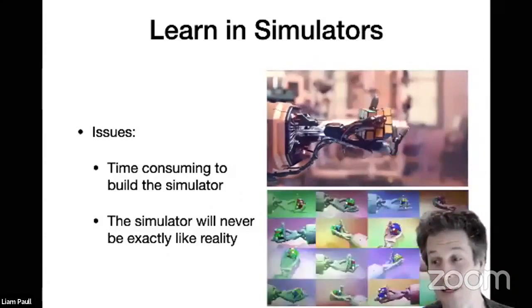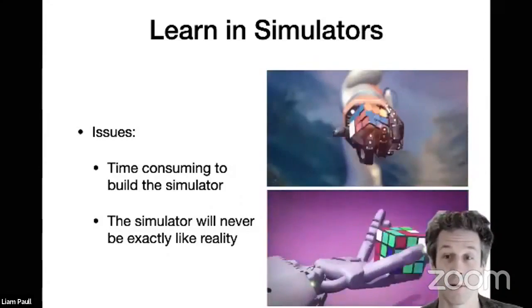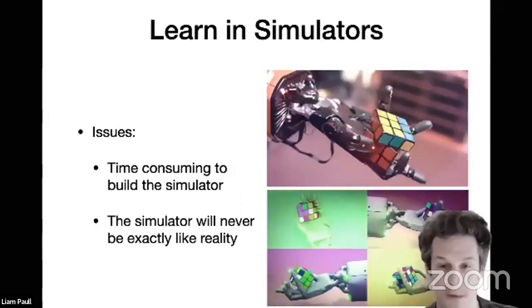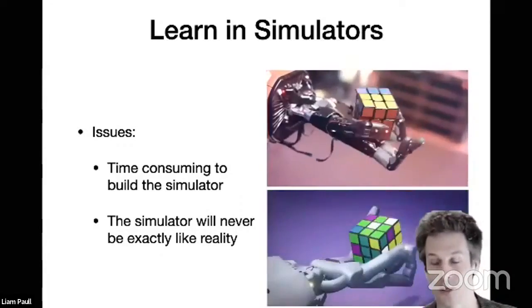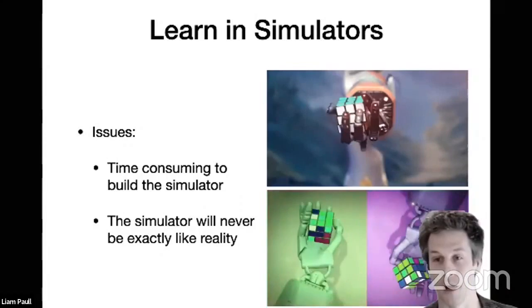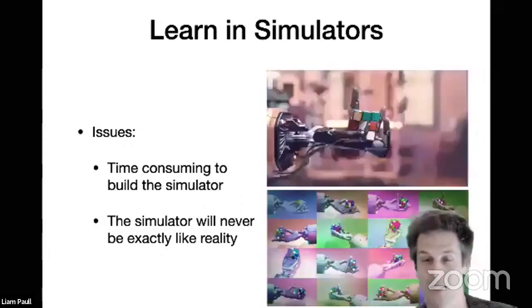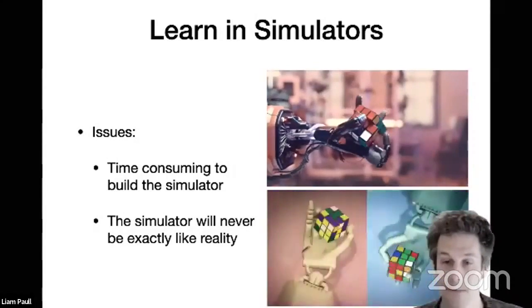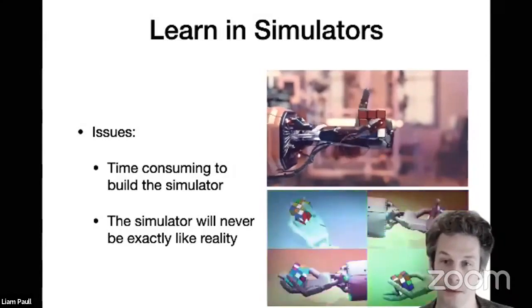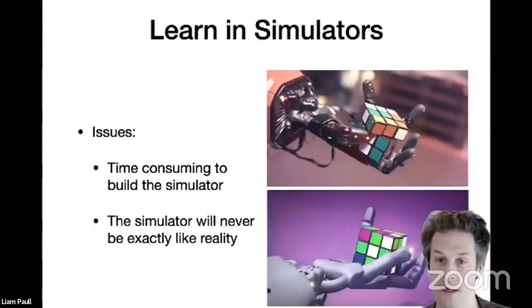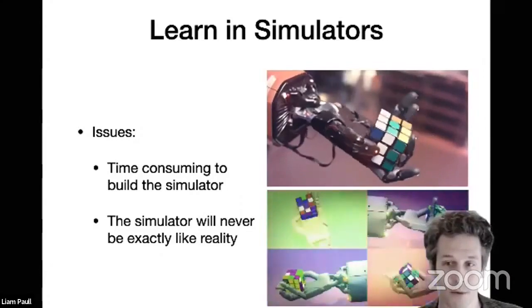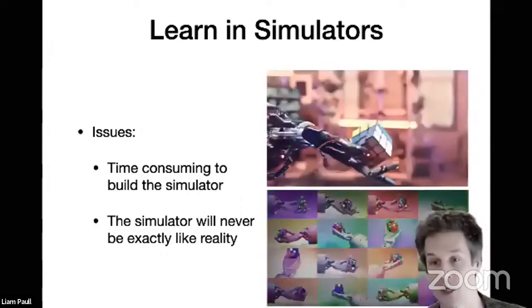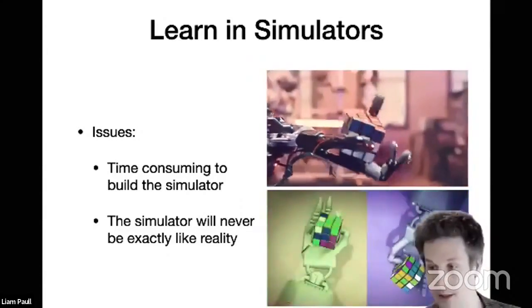The building of this simulator was, in some ways, as hard of an engineering problem as actually solving the task on the real robot. And so it's not necessarily clear how much effort we should put into building these very high fidelity simulators versus how much time we should spend actually just training on the robot in the real world.